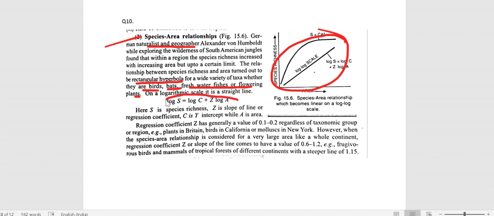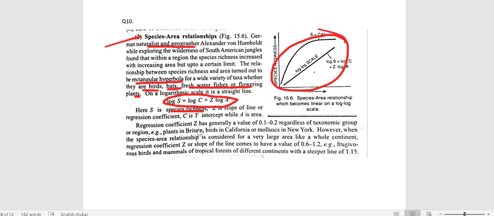Here is the equation: log S = log C + Z log A. Here S is species richness, Z is the slope of the line or regression coefficient, C is the y-intercept, while A is area.